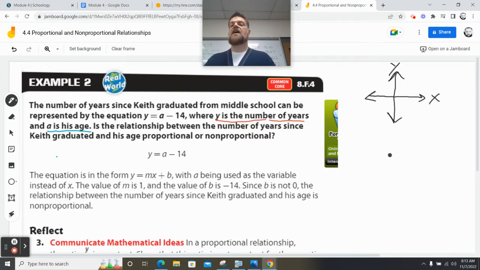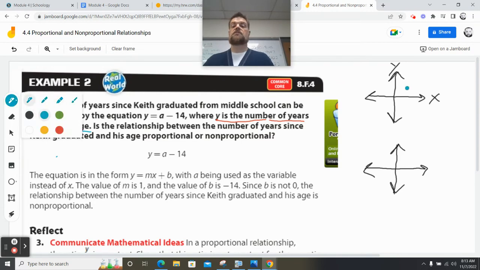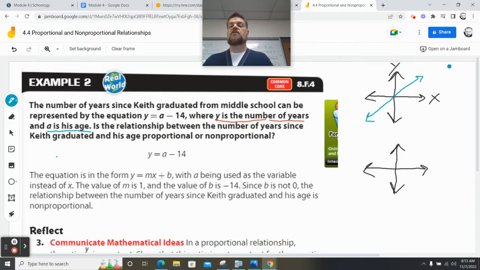This is the y-axis. I'm going to draw a proportional linear relationship. It goes through the origin. That's proportional.